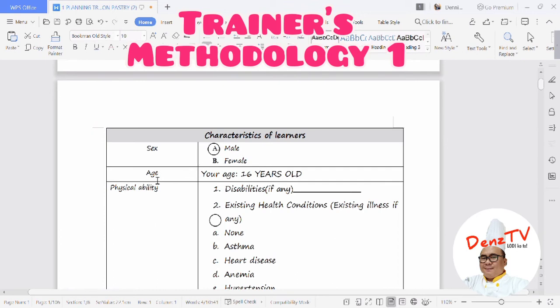Next, your age. That is also important to know. What does it mean to the plan?